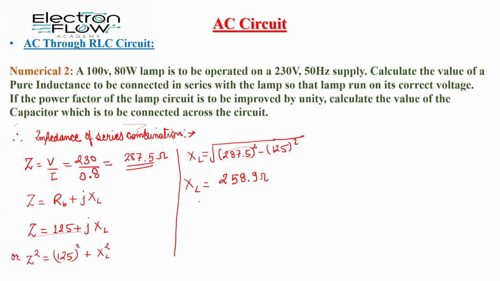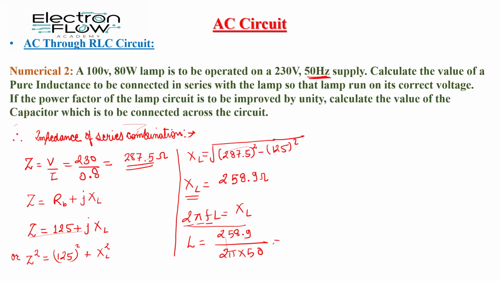Here we know that XL is equal to 2 pi FL. From this expression I can calculate the required inductance. So L is equal to 258.9 divided by 2 pi F, where F is given to us as 50.